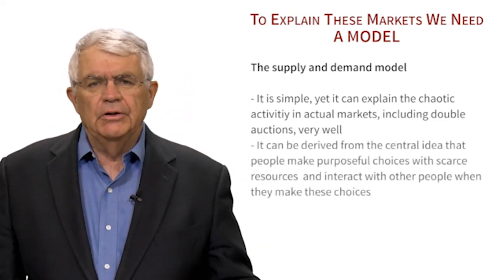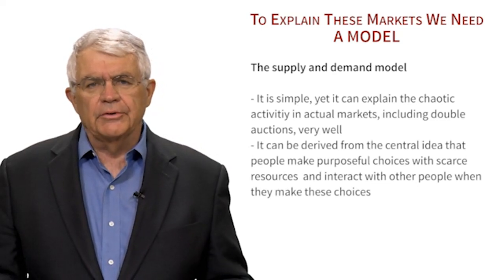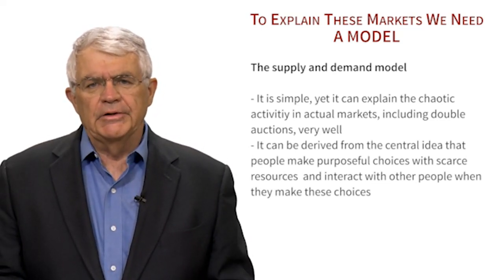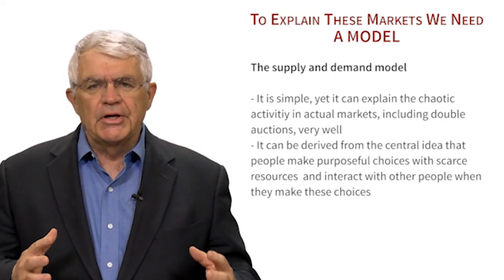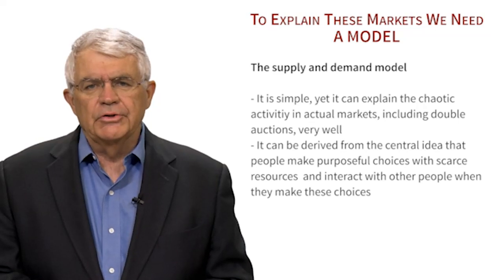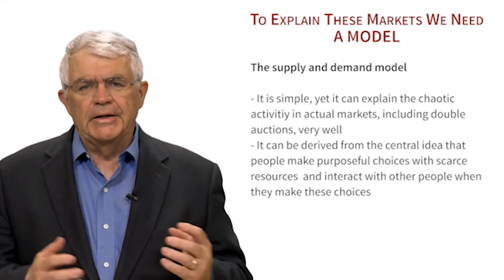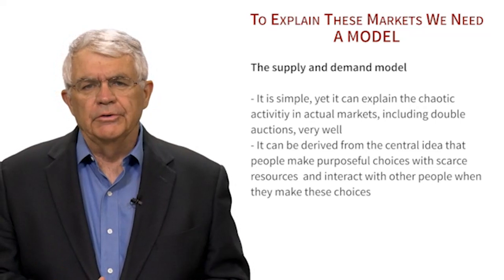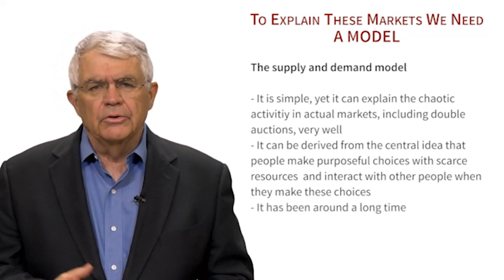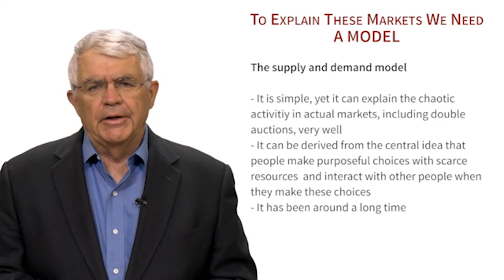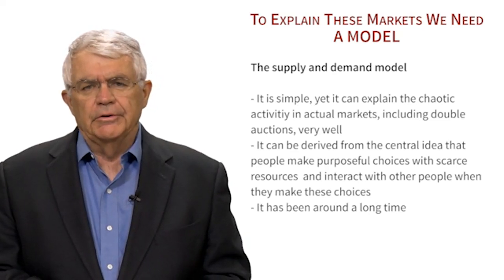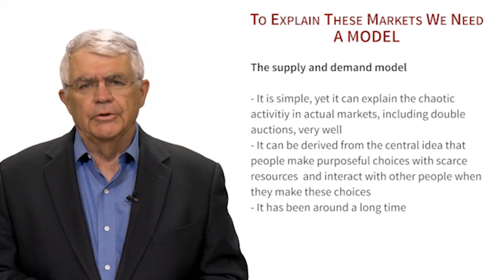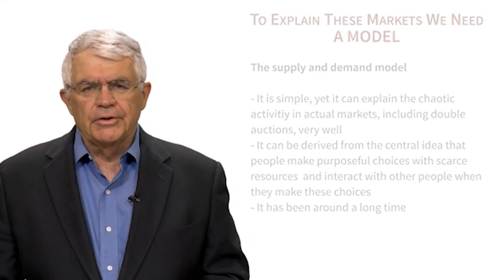And we'll see as we go through this course that the idea of a supply and demand model can come from this central idea that people make choices with scarce resources and then interact with other people in markets when they do this. And we'll see that in the course of describing the supply and demand model. It has certainly been around a long time, over 100 years. So let's get started in thinking about this model.